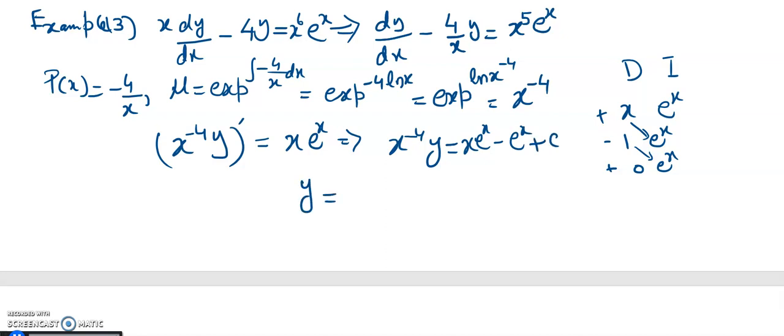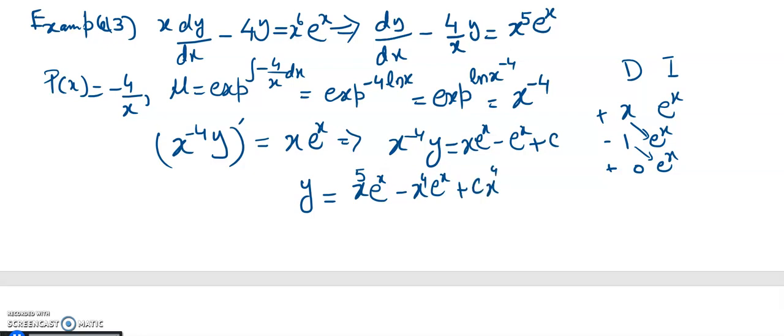So in terms of y, this value will be x power 5 e power x minus x power 4 e power x plus c x power 4.